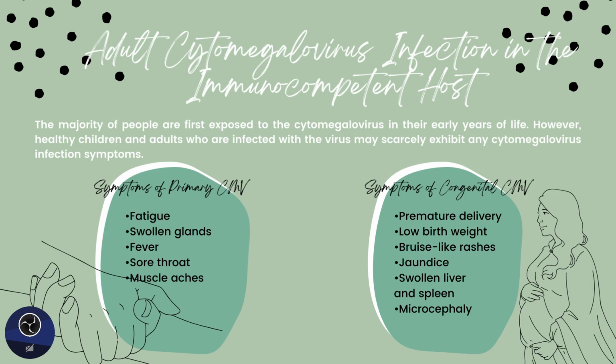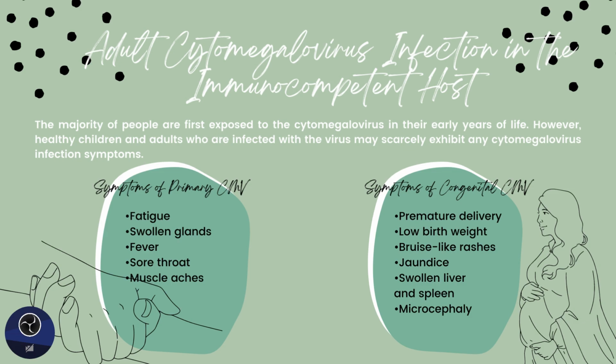And next is the congenital CMV symptoms. When the baby is born with CMV, then it might result in premature delivery, low birth weight or small size of the baby, followed by bruise-like rashes, jaundice. Jaundice is having yellowish skin or eyes.